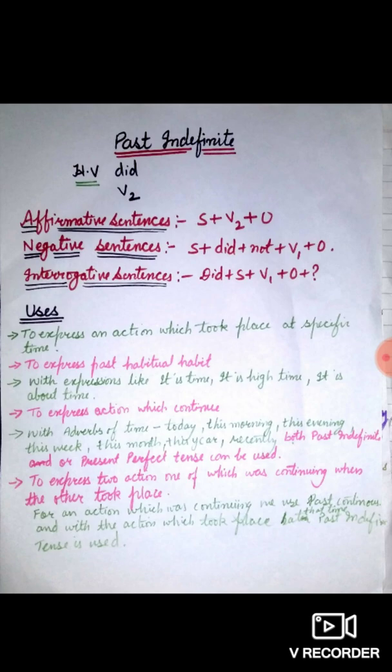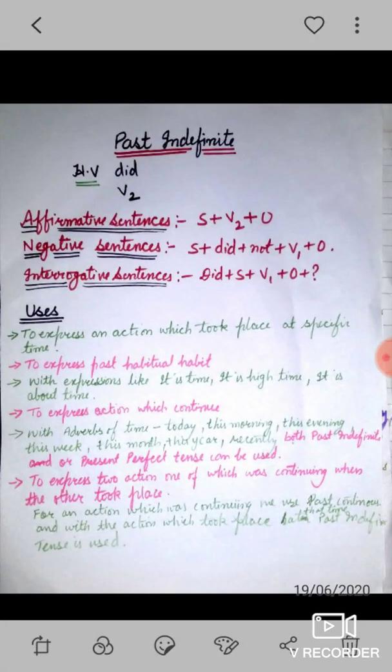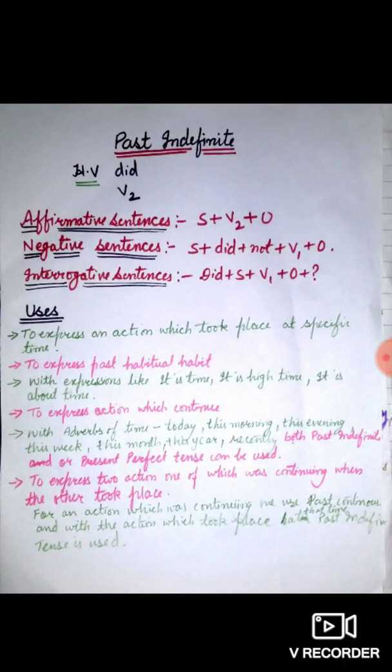Thereafter, second use of past indefinite is to express past habitual action. Habitual action. I have written it wrong, it is habitual, habit. Habitual action means in case I want to express my habit, my past habit, I make use of past indefinite tense.